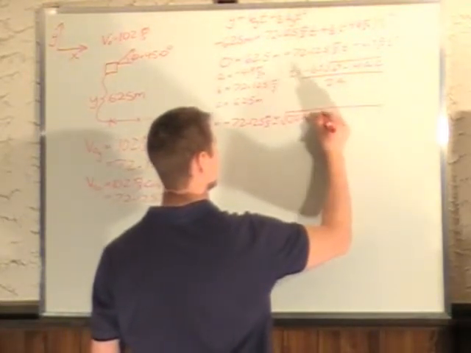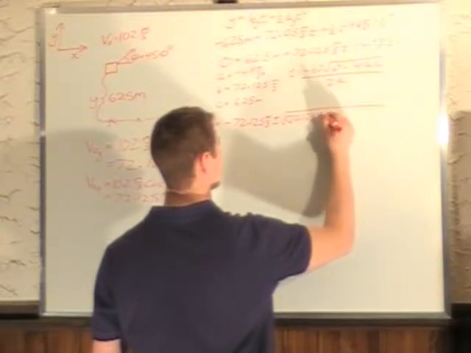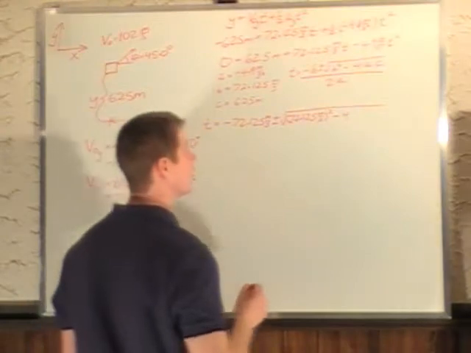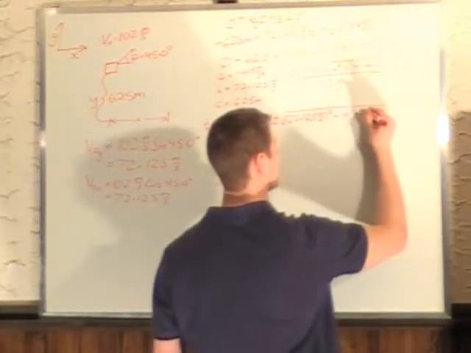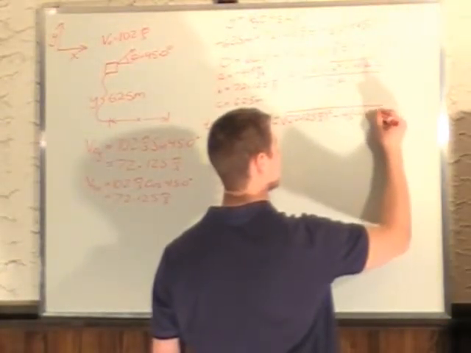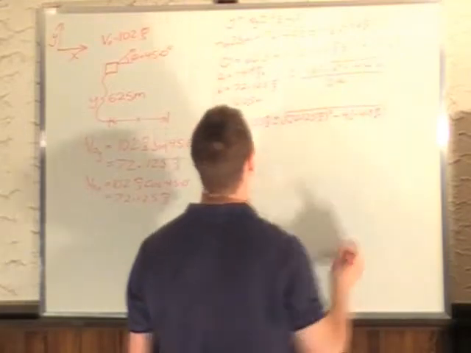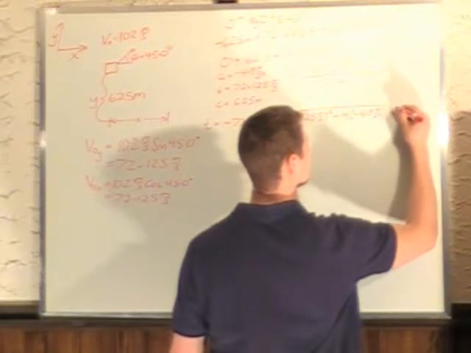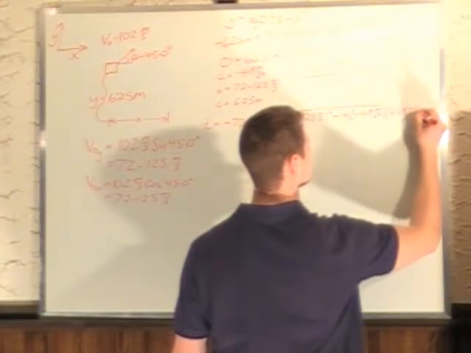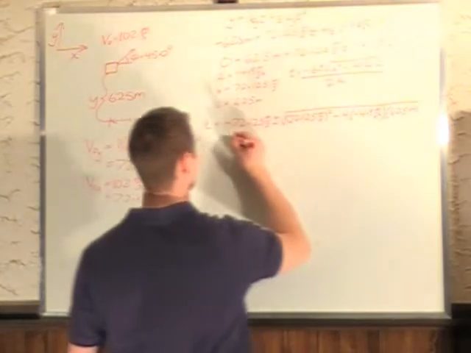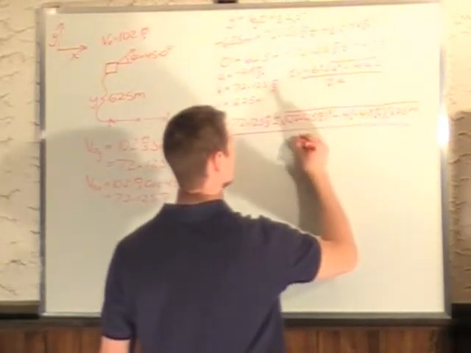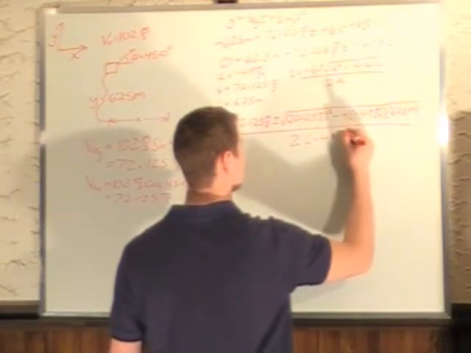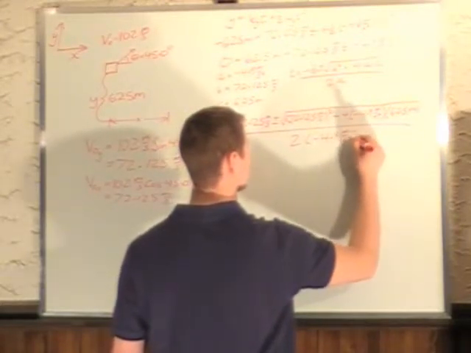square root of b squared, 72.125 meters per second, all squared, minus 4 times a, minus 4.9 meters per second squared, times c, 625 meters. All divided by 2 times a, minus 4.9 meters per second squared.